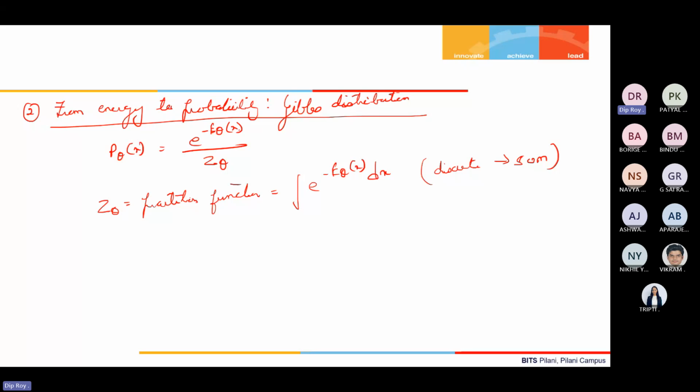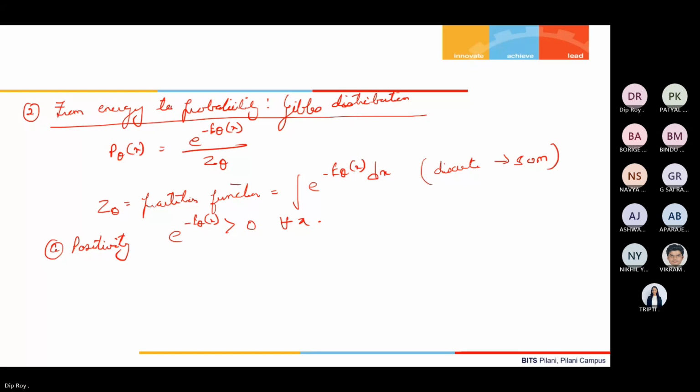We are using this form because of positivity. Essentially, e to the power minus E theta of x will always be greater than 0 for all x, so probability will always be positive.